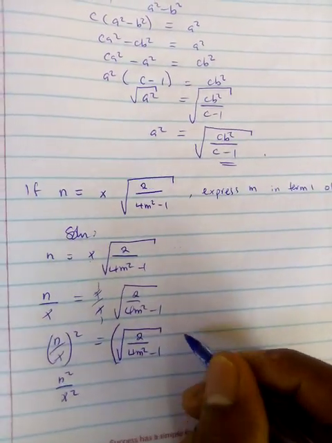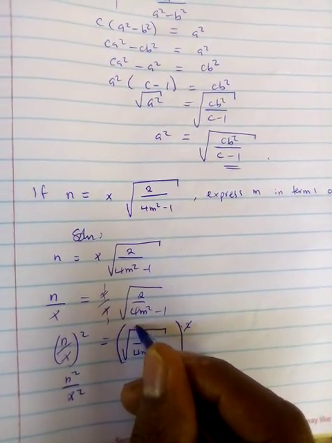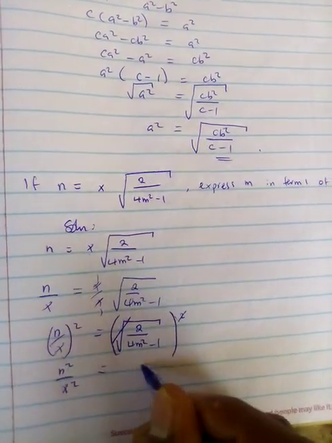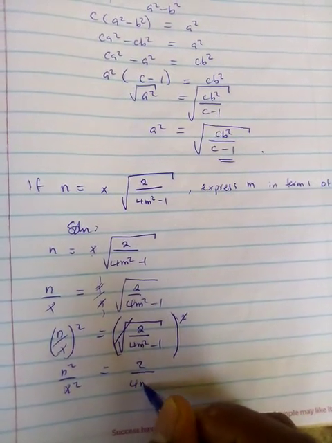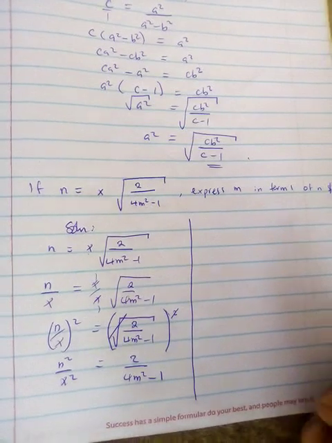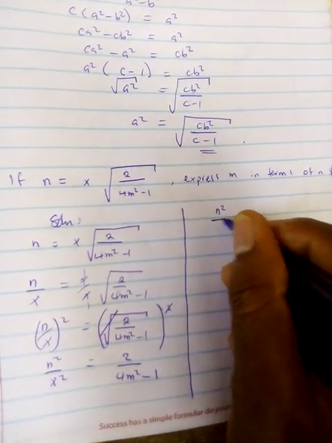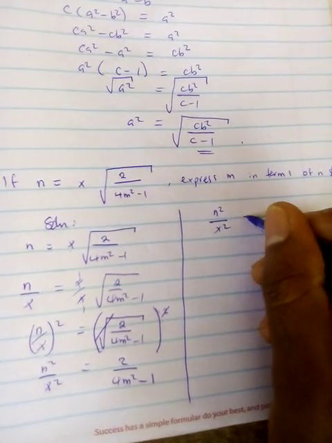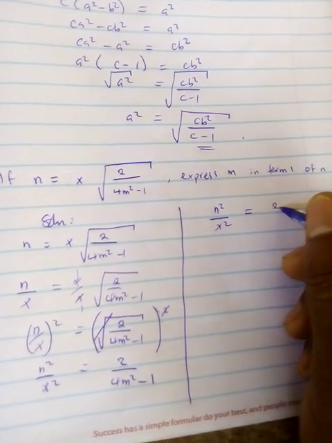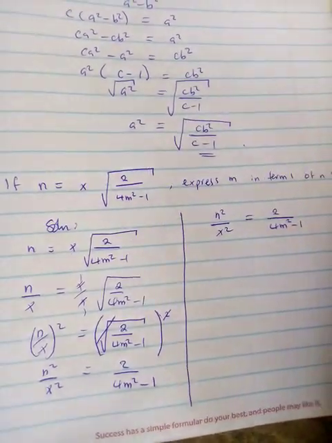We are also squaring here, so that the square and the square root sign go, and it will equal 2 out of 4m squared minus 1. Such that I have n squared out of x squared is equal to 2 out of 4m squared minus 1.